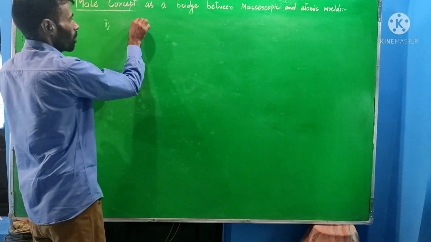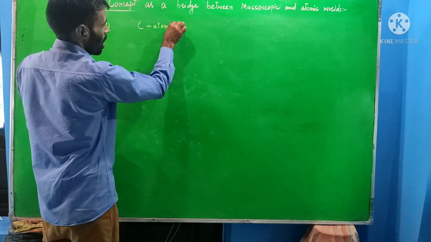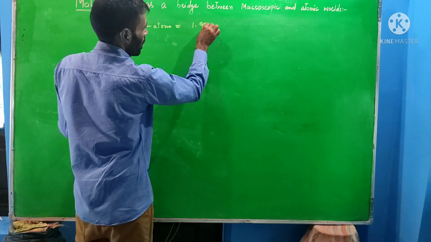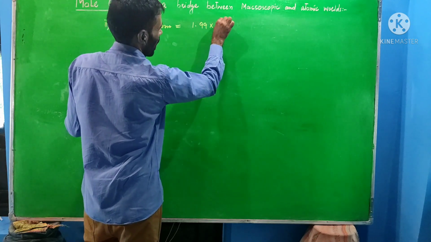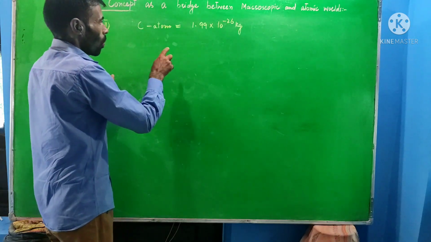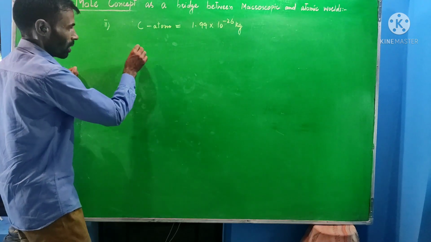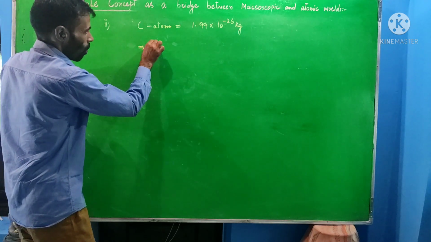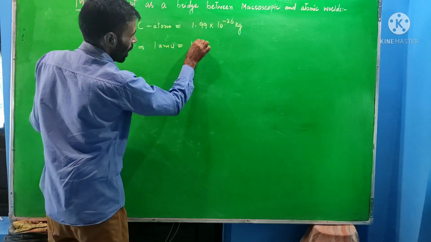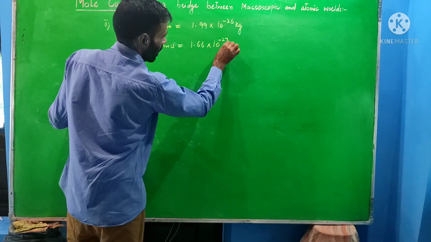Second example I will take here. If a carbon atom has a mass equal to 1.99 into 10 raised to power minus 26 kg, then what is the mass of the carbon atom in AMU? First of all, we know that 1 AMU, 1 U, is equal to 1.66 into 10 raised to power minus 27 kg.